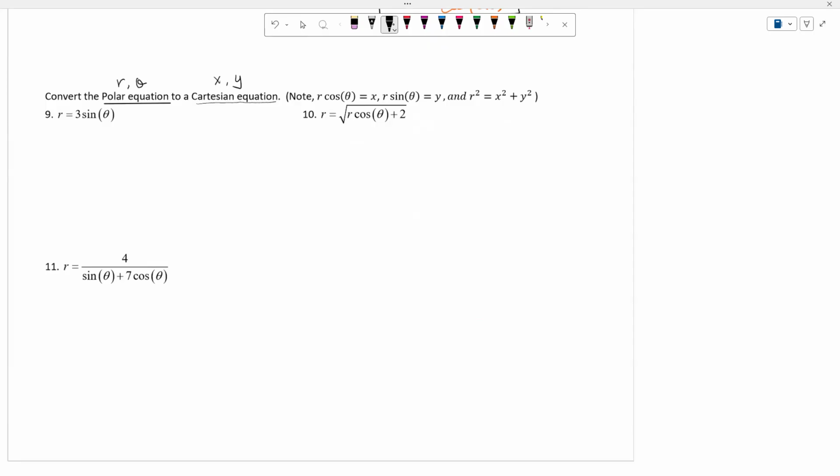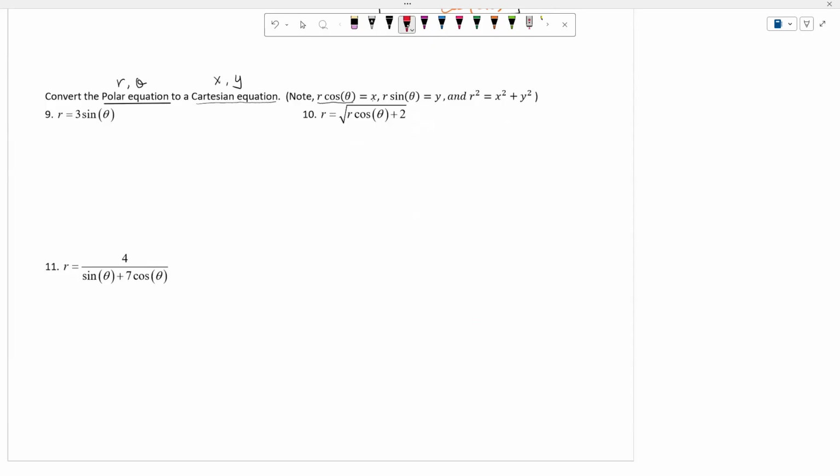What we can do here is, when you see r cosine of theta, you change it to x. R sine of theta, you change it to y. And r square, you can change it to x squared plus y squared. Let's see how we break down the problem.